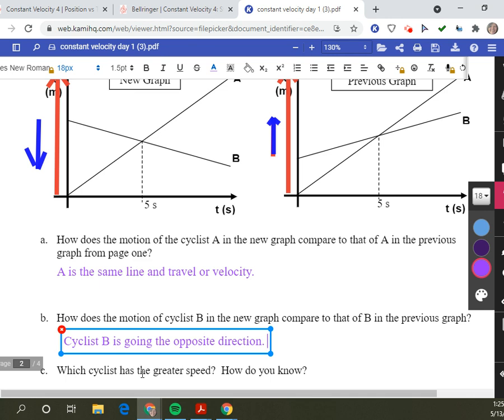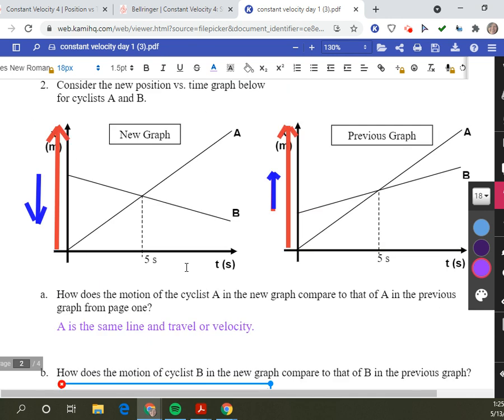C, we can see here. Which cyclist has a greater speed? How do you know? Make sure you look at that time. At the same time, which one went farther? Both times. For the same amount of time on the graph, A went farther.